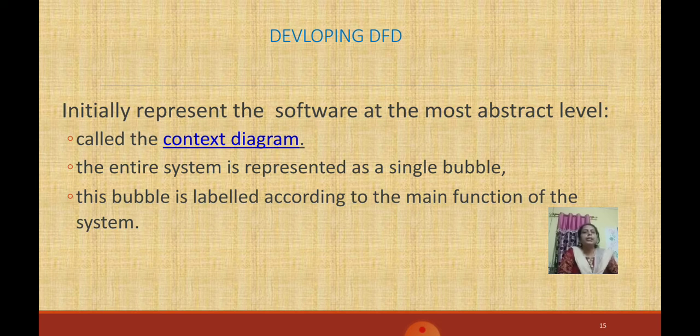The entire system is represented as a single bubble, means through a single process, and that is known as the context diagram. This bubble is labeled according to the main function of the system.